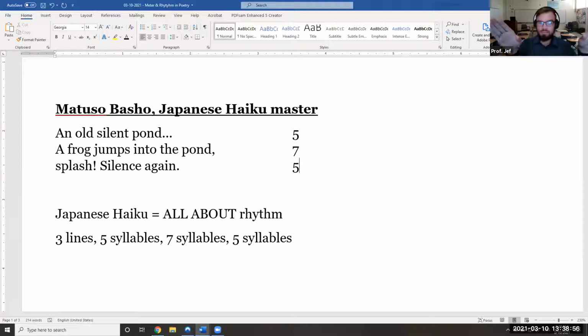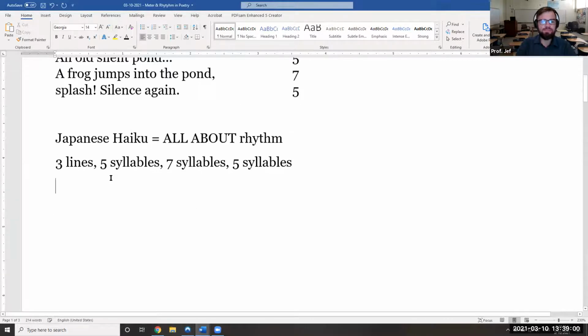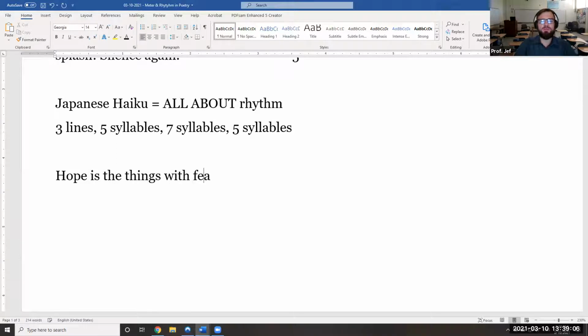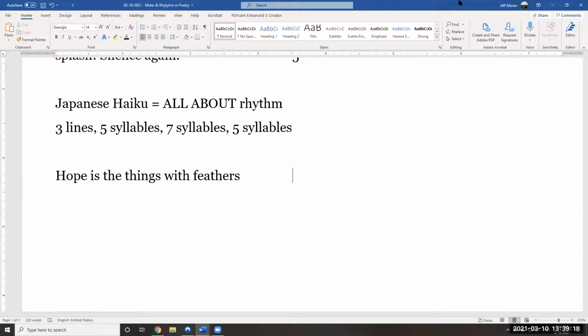Okay, so does this make basic sense? Let's just see, as an example here, "Hope is the thing with feathers." How many syllables in this line? Eight. Marta says 8.